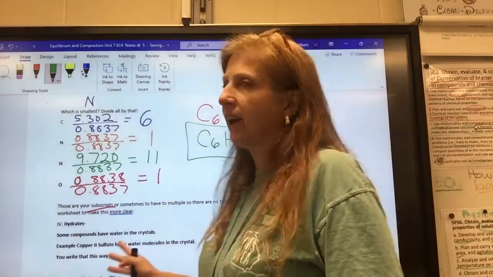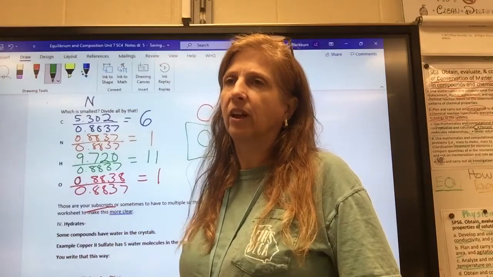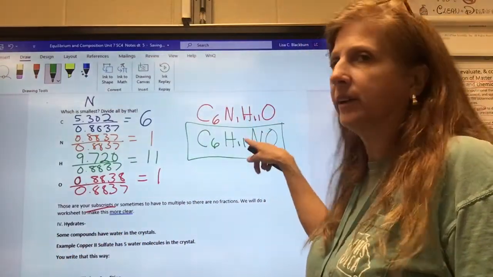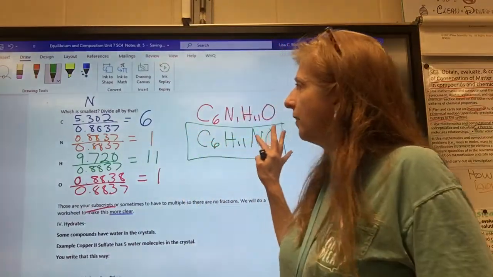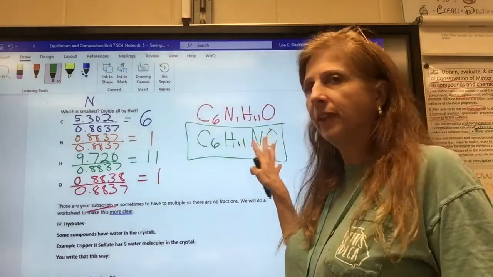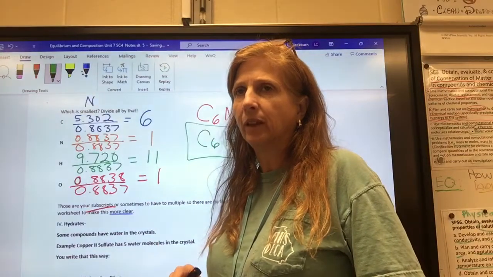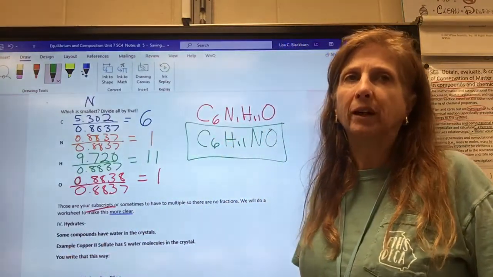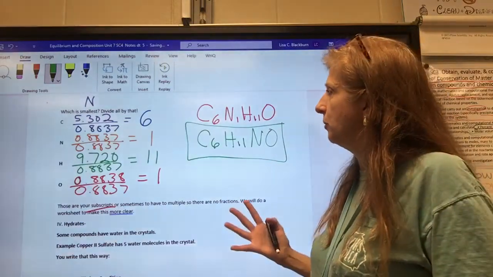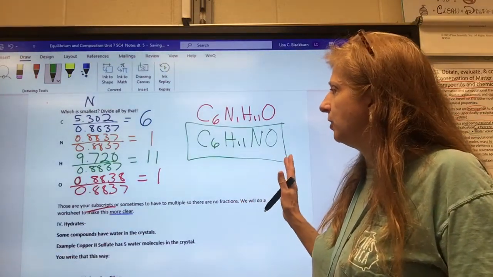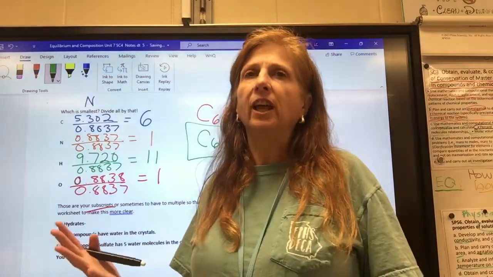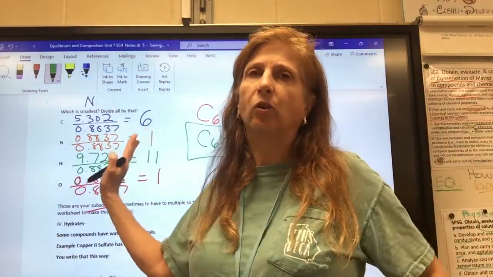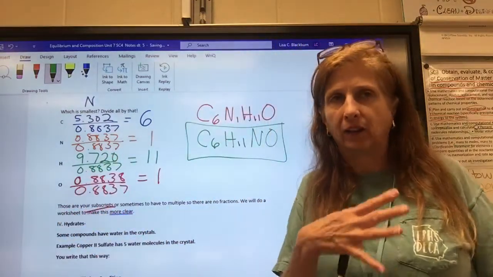All right, the next idea, and let me go ahead and tell you this too. From this empirical formula, you can get the molecular formula. You can get the real formula. How you do it is they will give you more information so you can figure out what you need to multiply the empirical formula by to get the molecular formula.